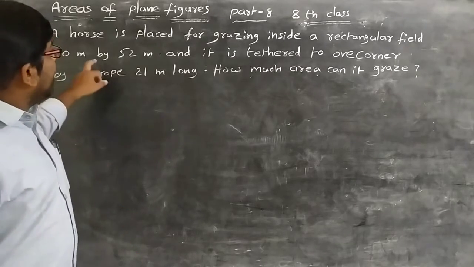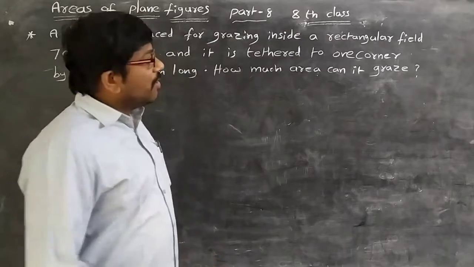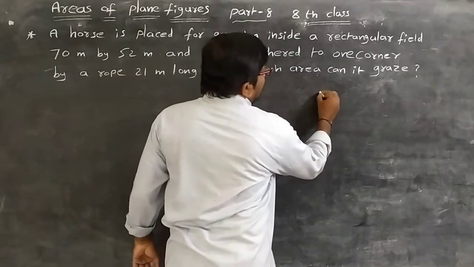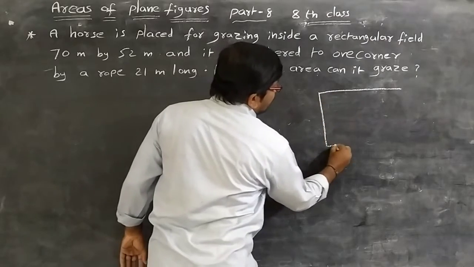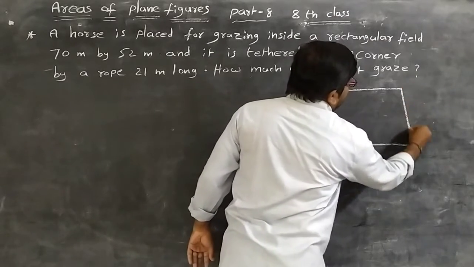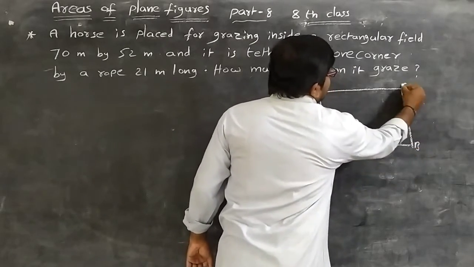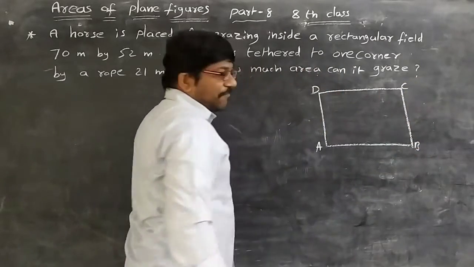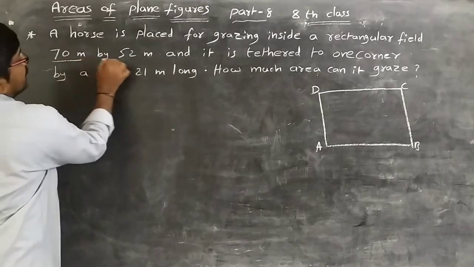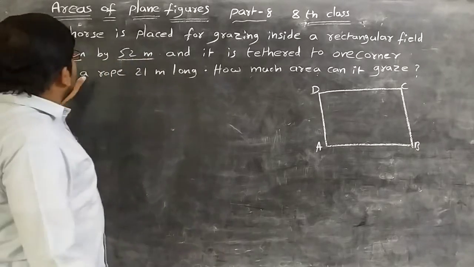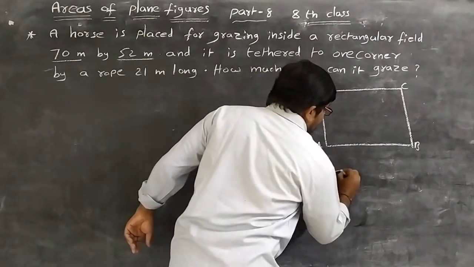Observe carefully. Here the field is in which shape? Rectangular shape. First we have to draw a rectangular field. ABCD is a rectangular field. Its dimensions are 70 meters by 52 meters, meaning the length is 70 meters, from here to here.